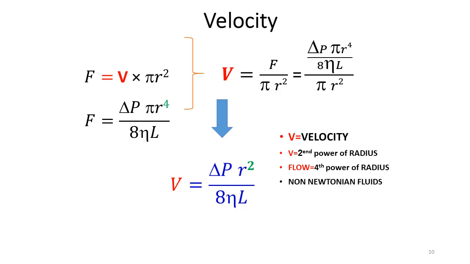You can see that an increase or decrease in radius has a greater impact on flow than on velocity. So this role of radius on velocity helps blood flow turn into other vessels during blood circulation.